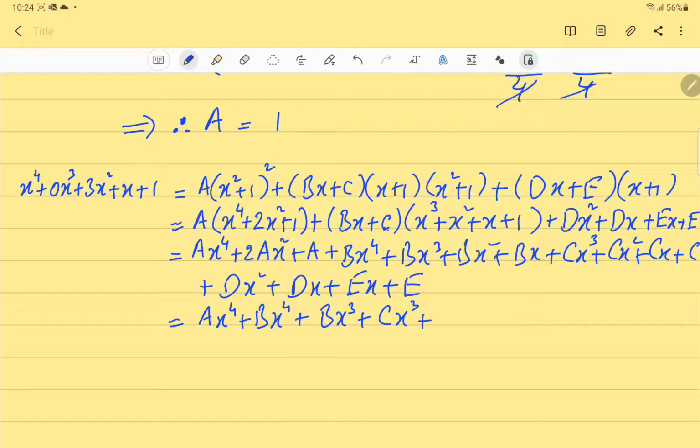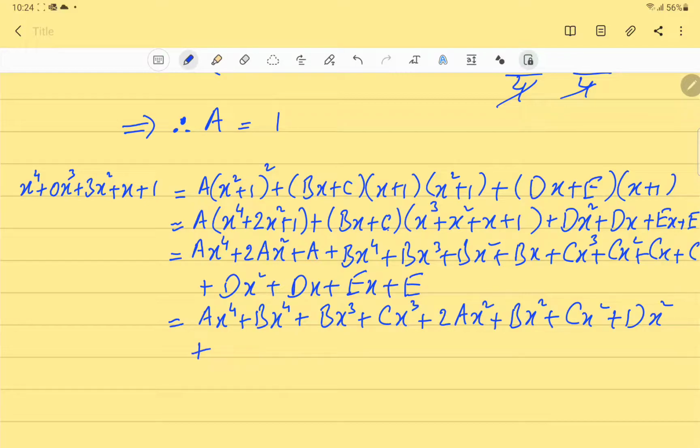Then we have x squared values, which are 2a x squared plus bx squared plus cx squared and plus dx squared.